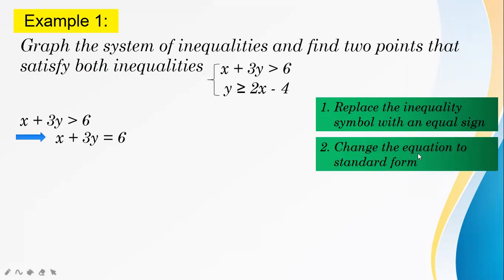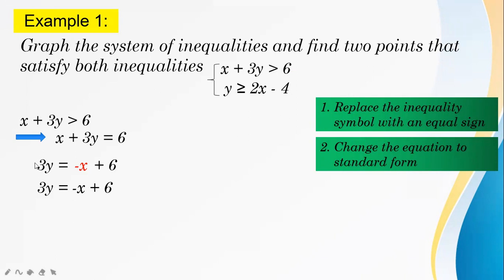Then, number two, change the equation to standard form. Now we have 3y equals, so all you have to do is transpose x, and it will become negative x, then plus 6. And then after that, we are looking for the value of y.